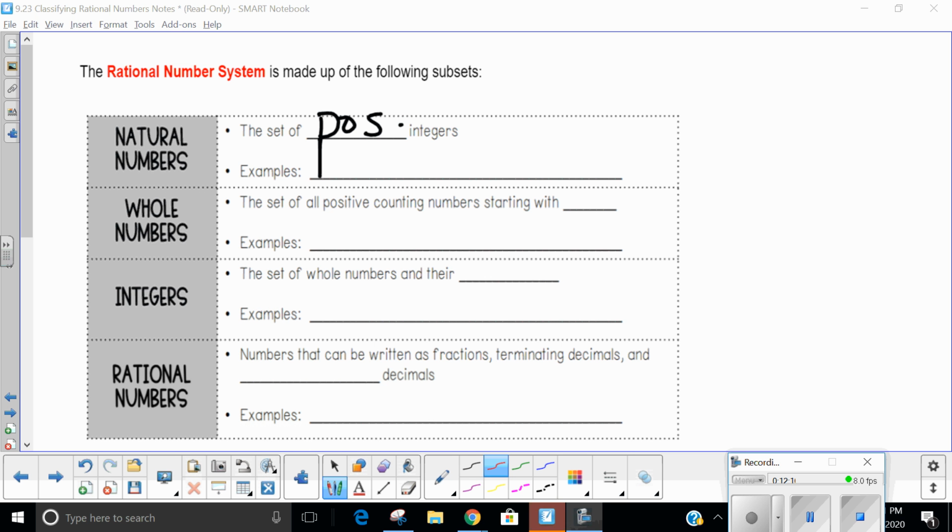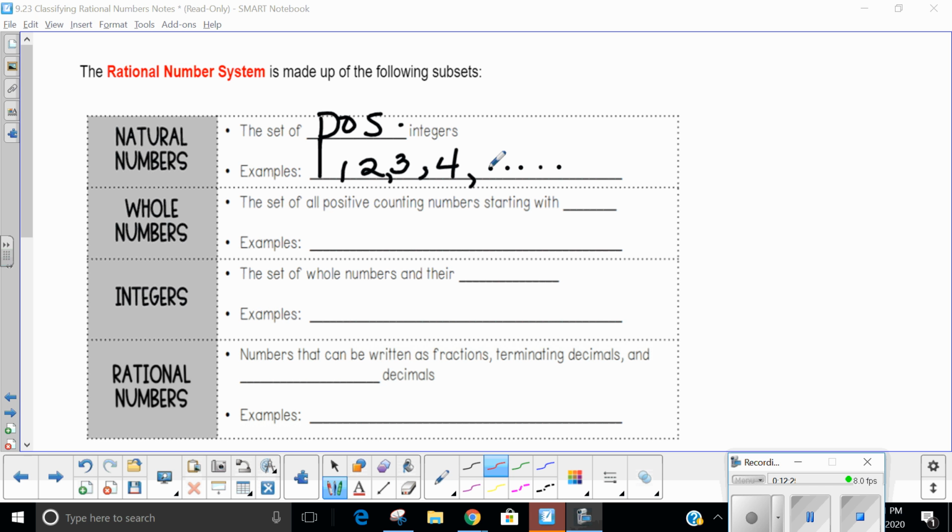Examples of that would be like the number 1, the number 2, the number 3, and the number 4, and so on.